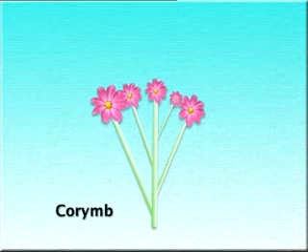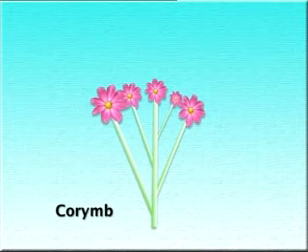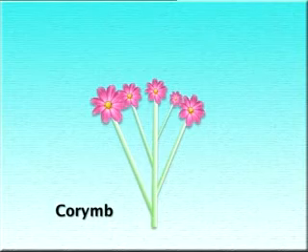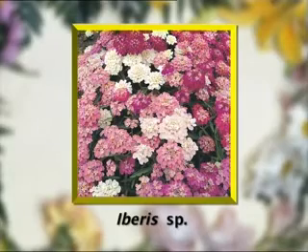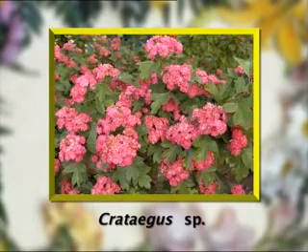The inflorescence thus appears rounded or flat-topped with oldest flowers towards the periphery and youngest in the center of the cluster. The best examples of corymbs are Iberis or candytuft and Crataegus, which is hawthorn.